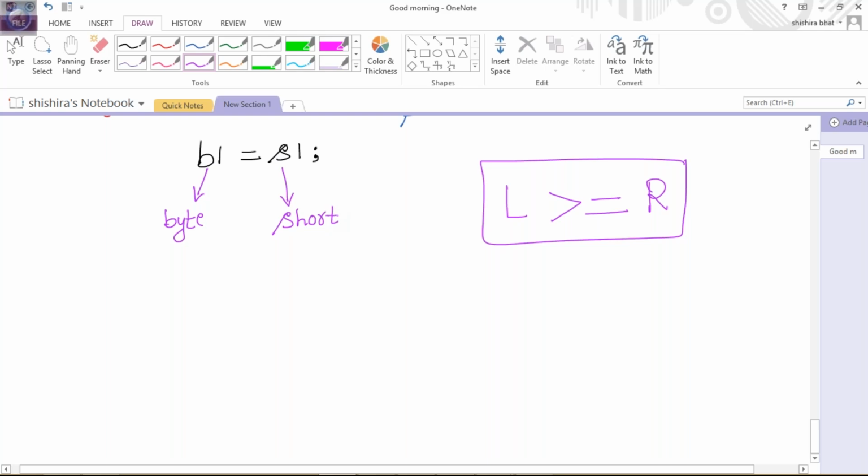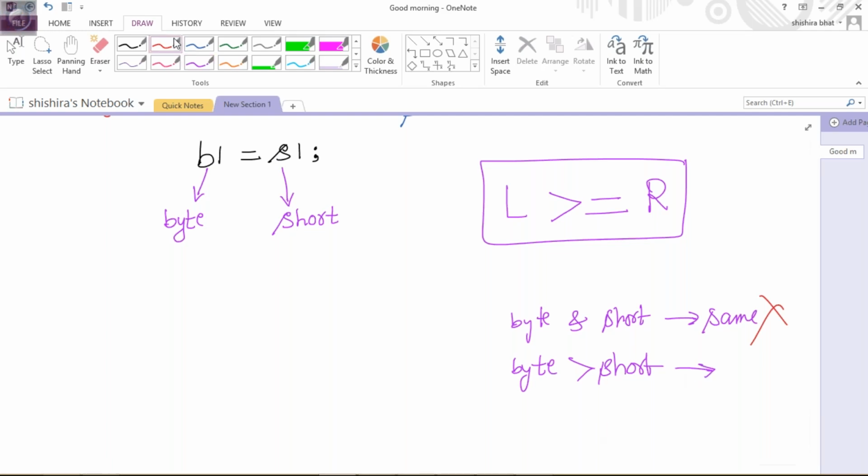Is byte and short the same? Absolutely no. Is byte bigger than short? Absolutely no. Then what is it?